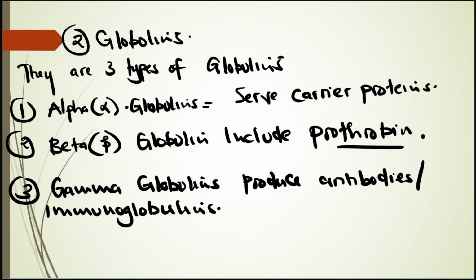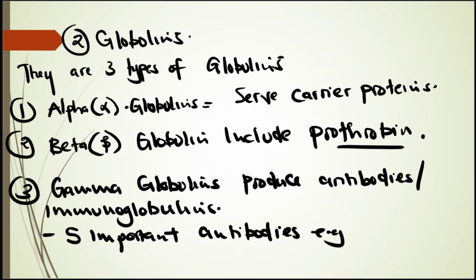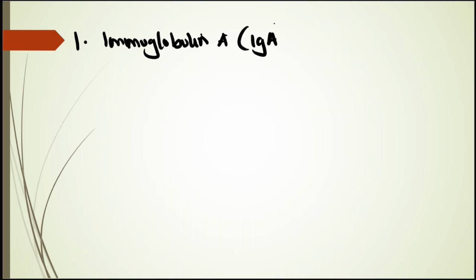Now, there are 5 important immunoglobulins, 5 important antibodies. Number 1 is immunoglobulin A, which is just IgA.